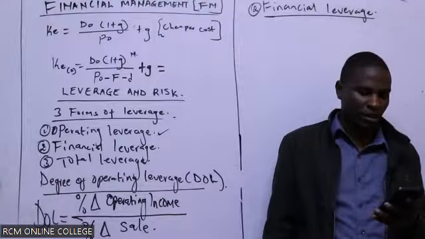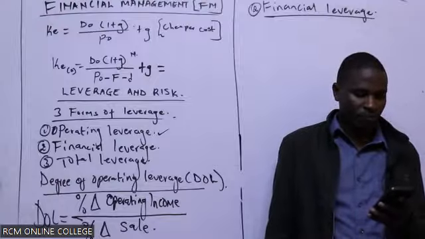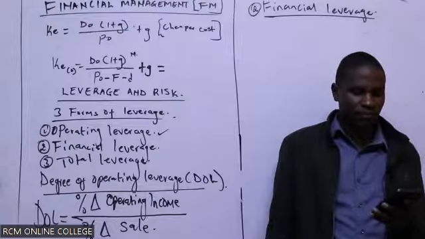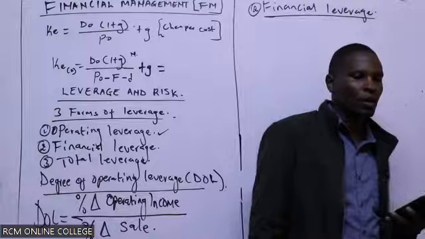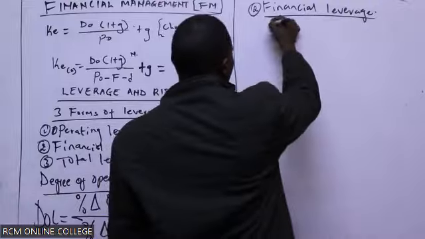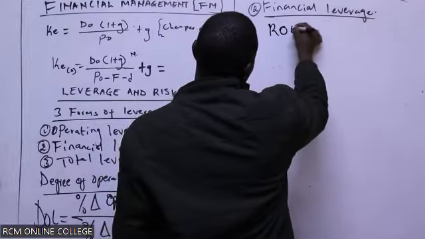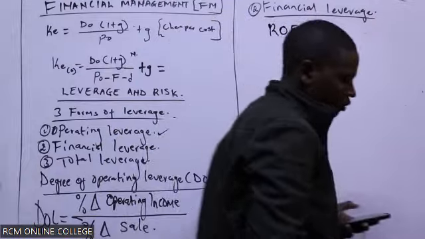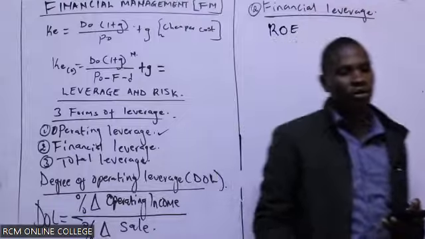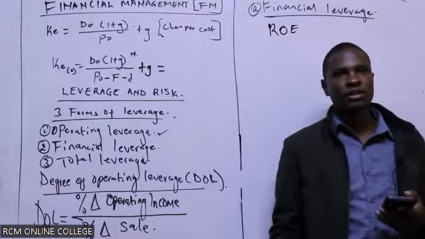So he's saying that financial leverage refers to the use of debt to increase the return on equity. ROE, return on equity, it is the shareholders' wealth.